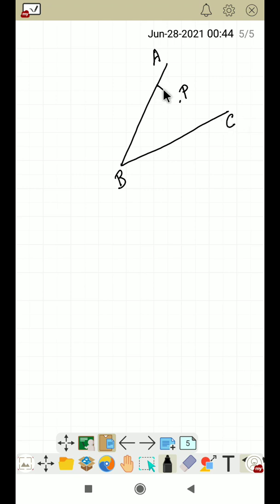Two perpendiculars are drawn on these two lines. These are 90 degrees. And if these two sides, PD and PE, are equal, that time you can say that if you join this line, that means BP, this side divides the whole angle ABC into equal parts. Clear?